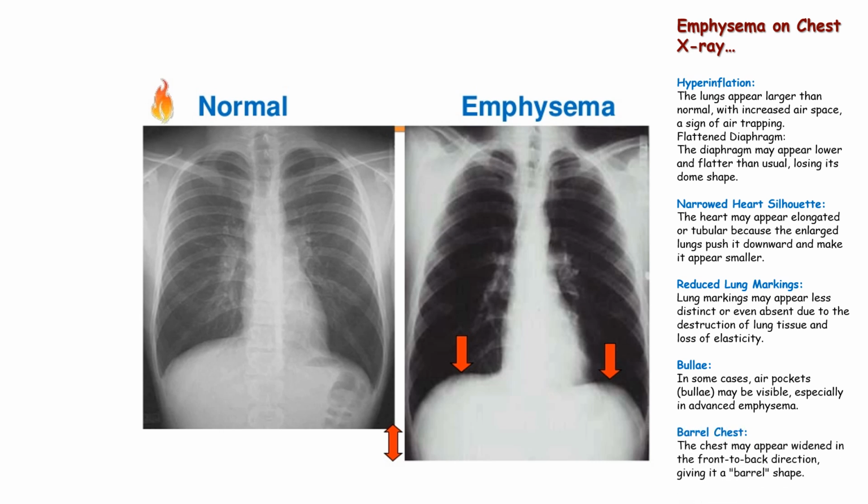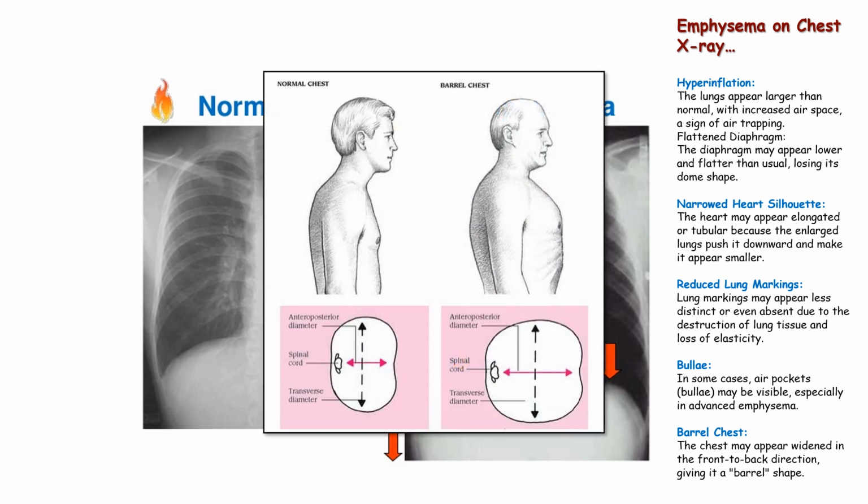Last thing, and this is the most obvious, so you don't need an X-ray to see this. It's the barrel chest. Why? Because more often the person with COPD, and we're talking mostly about smokers, is having to use ancillary muscles in order to move air.